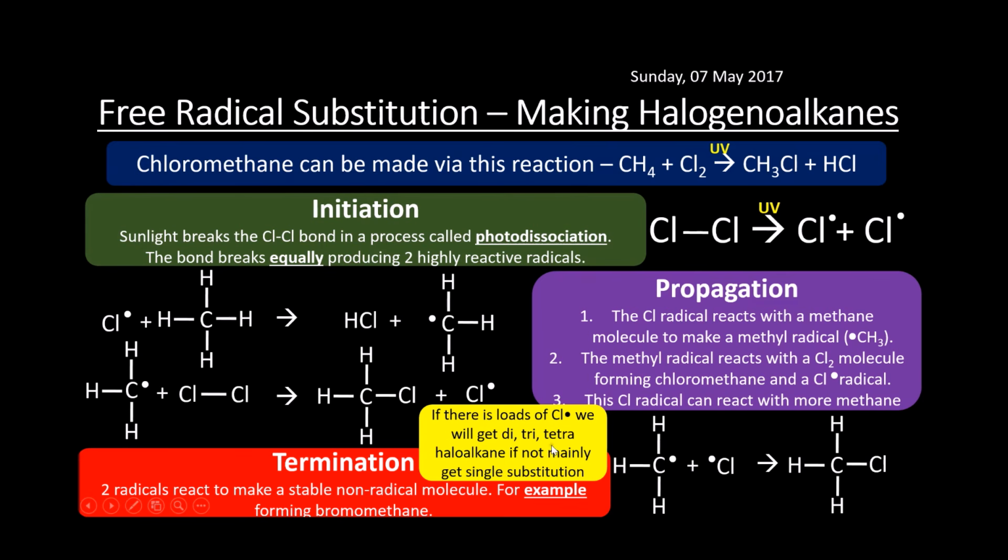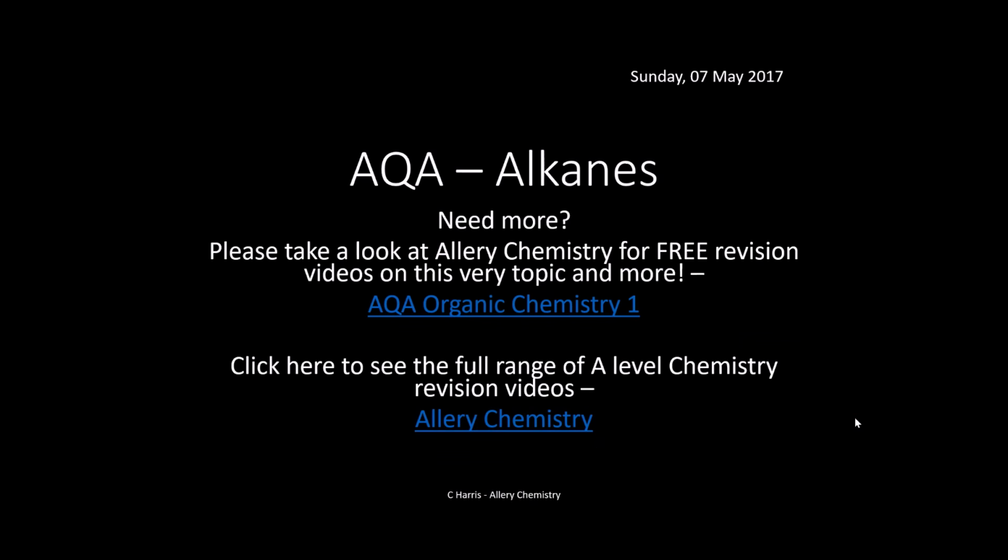But if we've got very little of the chlorine radical knocking around, then we just get the mono substituted one. But if we've got loads of it, like an excess, then we get dichloro, trichloro, tetrachloro, and it just keeps going and substituting. And that's it.